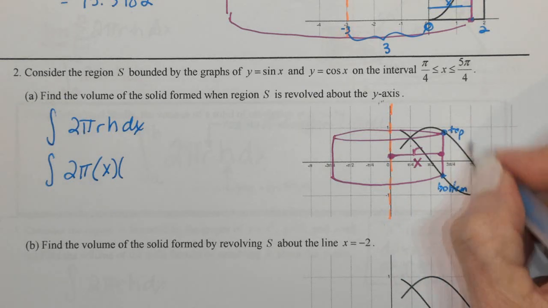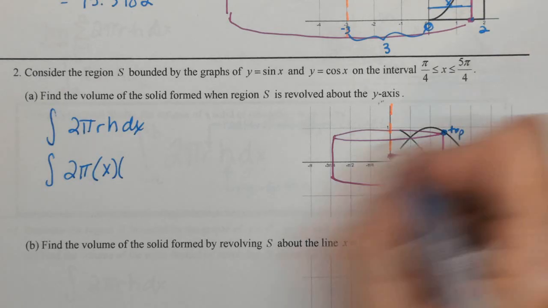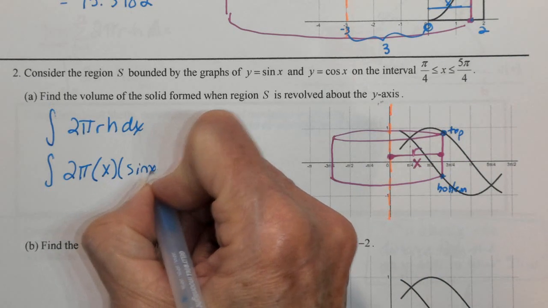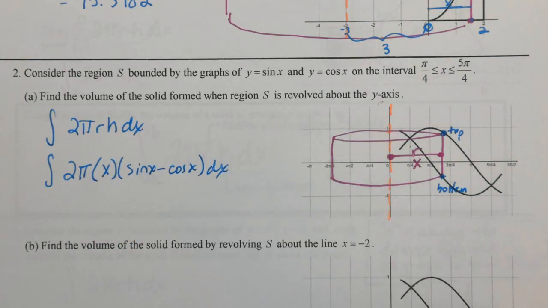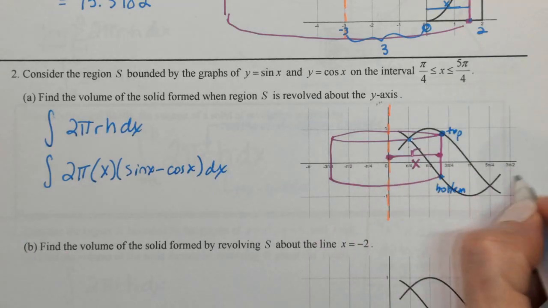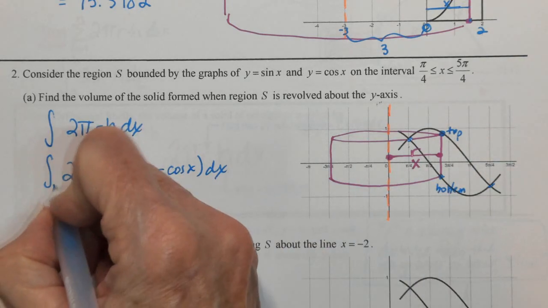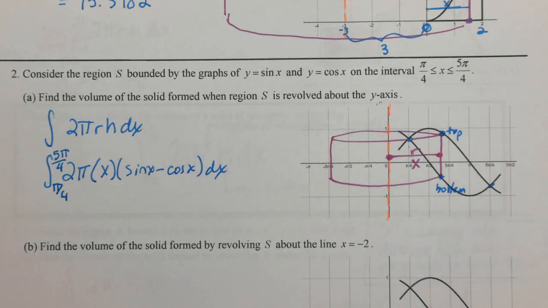Which curve is on top? Which curve is on the bottom? Sine is the curve that goes through the origin, so sine is on top, cosine is on the bottom. And what are our boundaries? They are our x extremes, pi over 4 to 5 pi over 4.